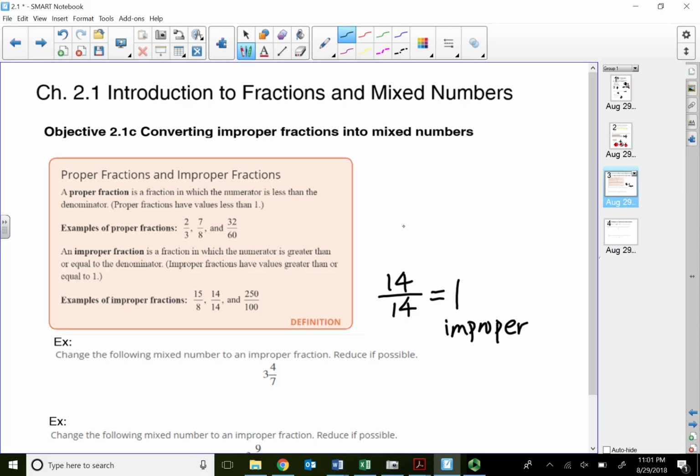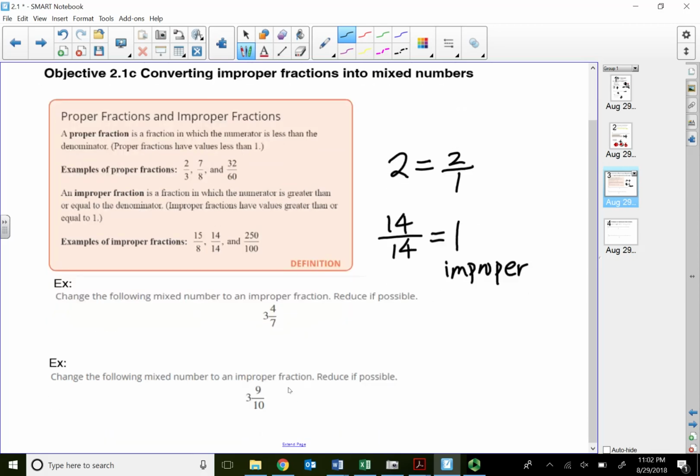A whole number is technically considered an improper fraction because we can write a whole number such as 2 as 2 over 1. So as long as the numerator is greater than or equal to the denominator, then that's considered an improper fraction.